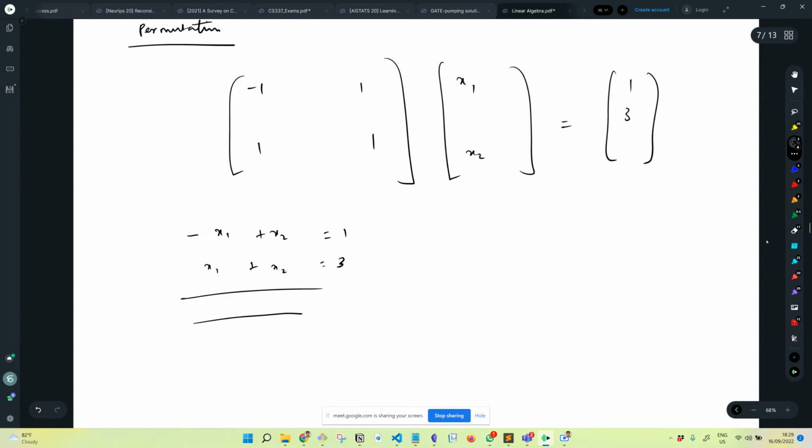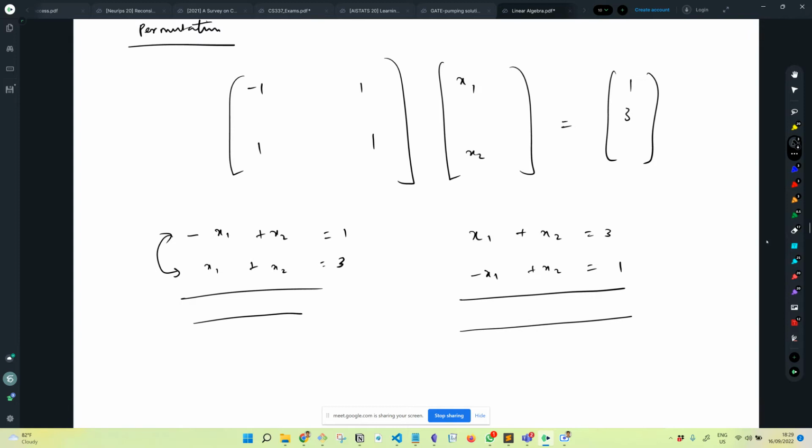Now, will the solution I obtain be any different if I permute the rows? Meaning, if I consider the system in this order, x1 plus x2 equals 3 and minus x1 plus x2 equals 1, where the rows are interchanged, will the solution be any different?